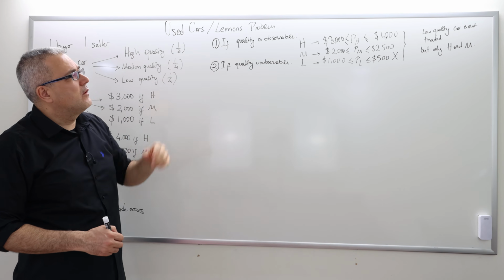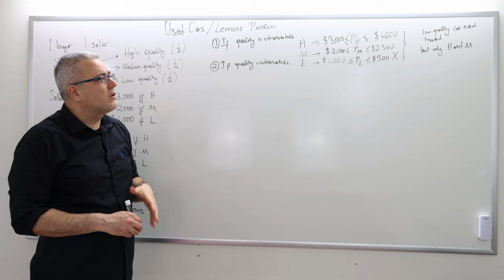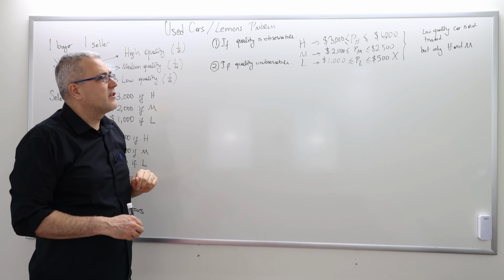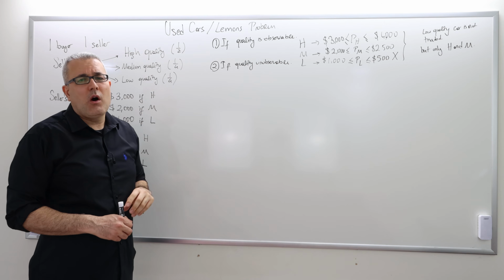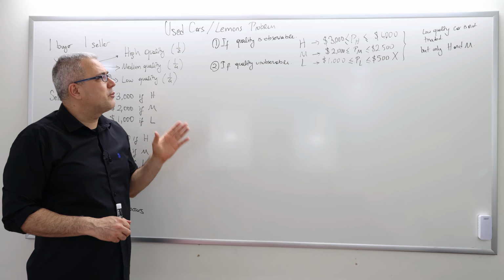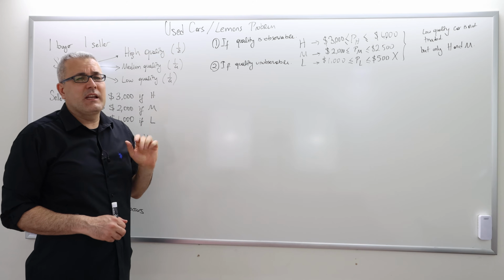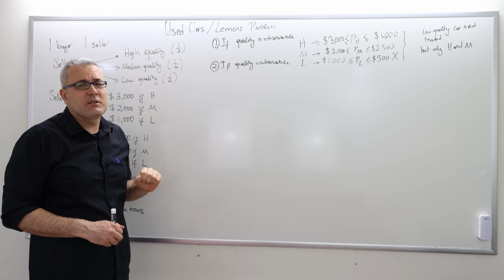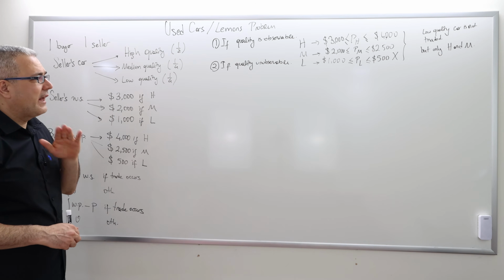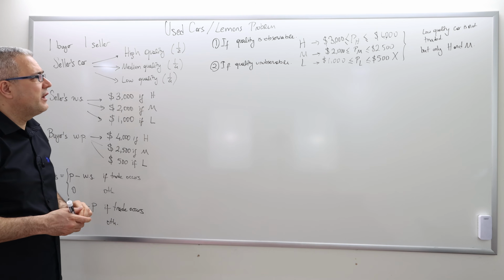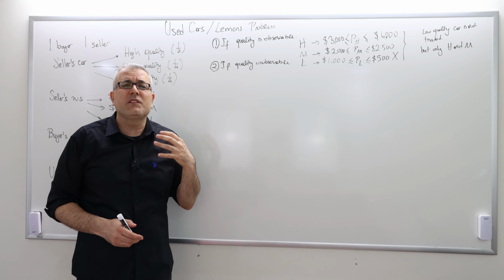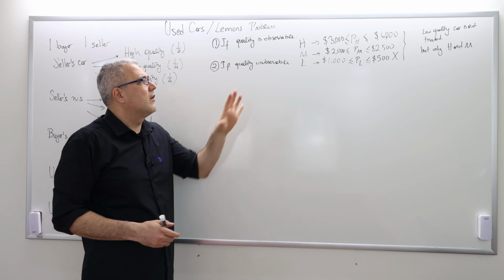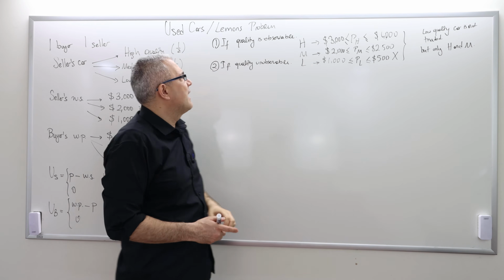The high quality car will be sold at a price higher than $3,000 but less than $4,000, and the medium quality car will be sold at a price higher than $2,000 but lower than $2,500. Again, low quality car will not be traded. Well, this is the first best outcome. I mean, this is the efficient outcome.